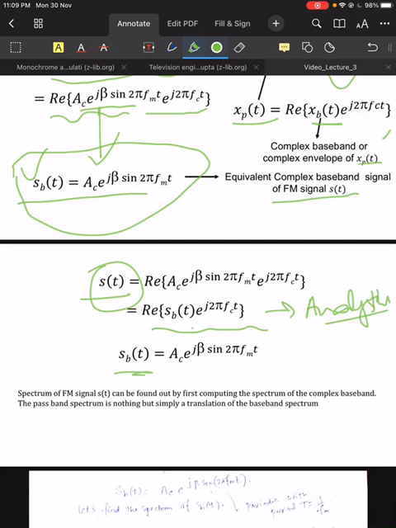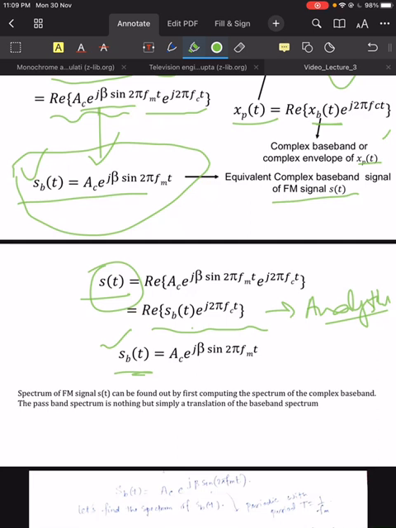Now we have to find out the spectrum of this FM signal s(t). So how can we find it? First I have to find out the spectrum of this baseband signal, the complex baseband signal s_b(t).